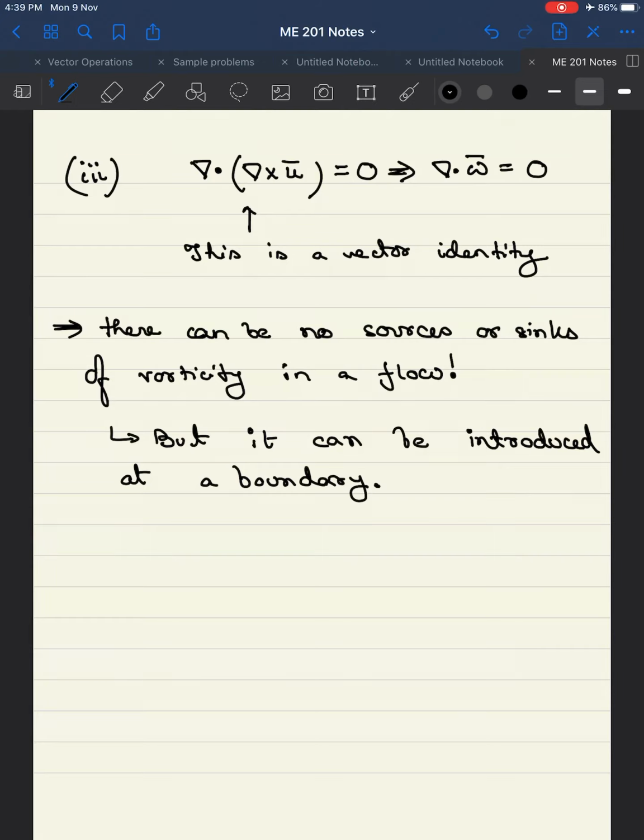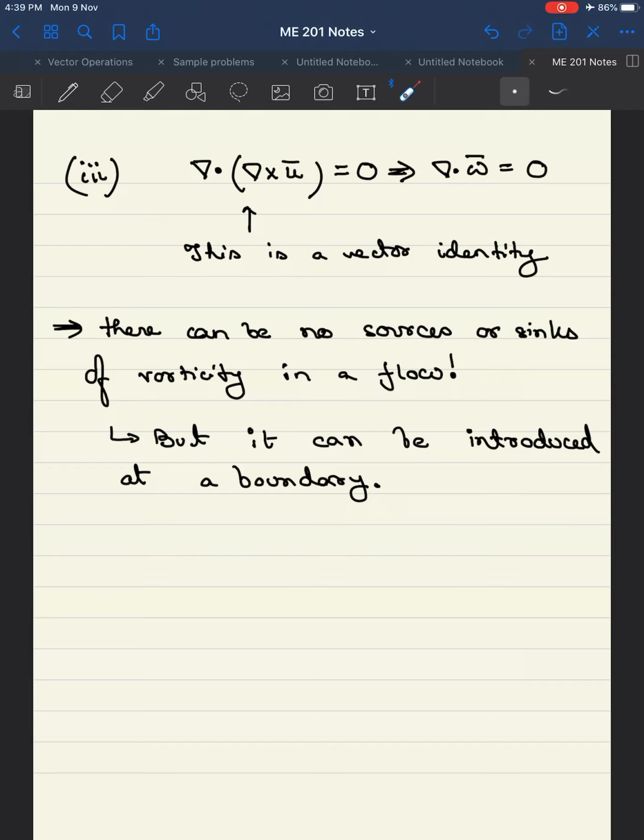This is going to be a very, very important observation. It's a very simple mathematical identity, but it gives a very important insight into how vorticity is generated in a flow and how it is transported also later. But at the moment, we can understand that because of this identity, there are no sources or sinks in the flow, so additional vorticity cannot be generated at any given point, but it can be introduced at a boundary of the flow.